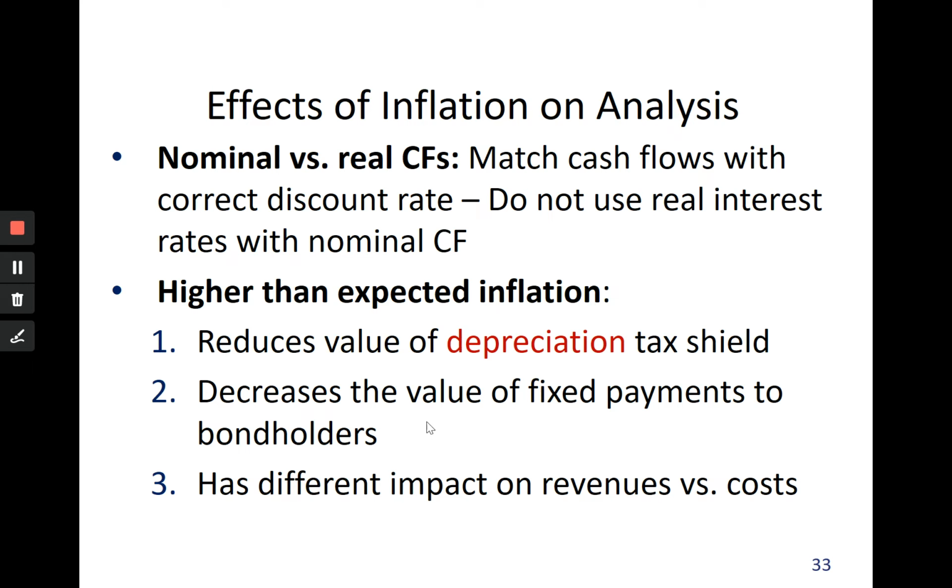The nominal interest rate is the interest rate that the bank quotes you, the quoted interest rate. How much do I pay for interest? The real interest rate adjusts this nominal interest rate for inflation to show what sort of consumption this additional payment would allow you. So it's adjusted for inflation.